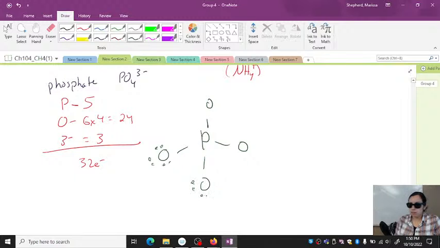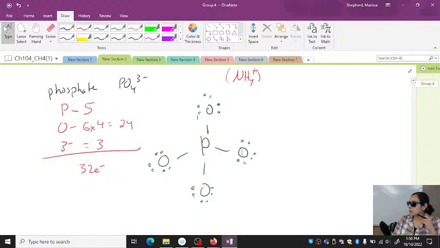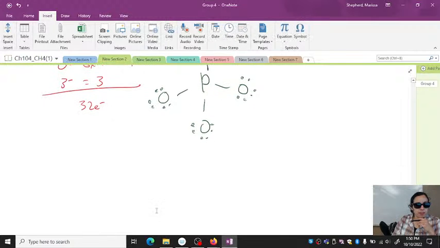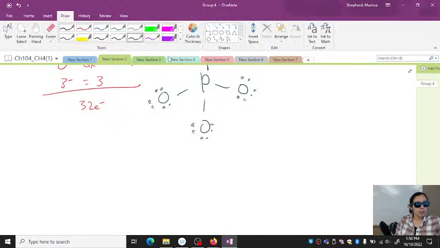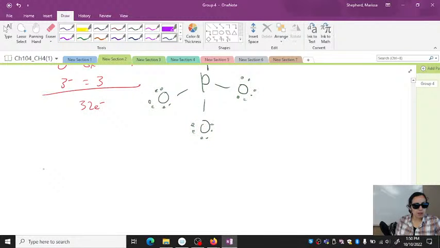And let's just see how this looks. And so now we need to do an evaluation. What I mean by that is you should always calculate your formal charge, but usually it doesn't matter.